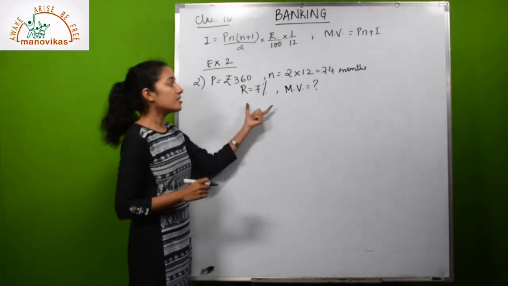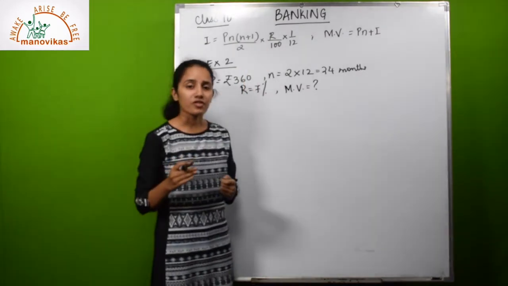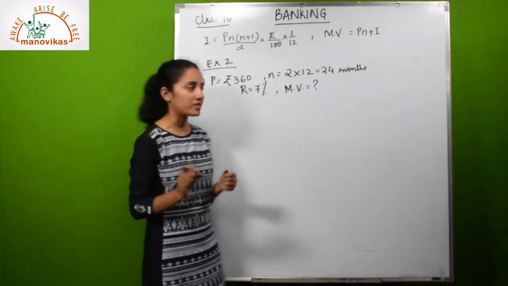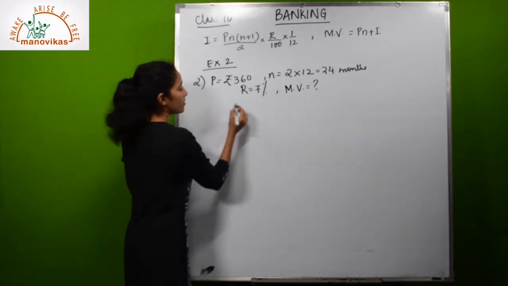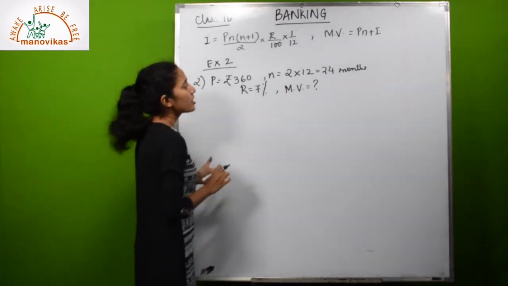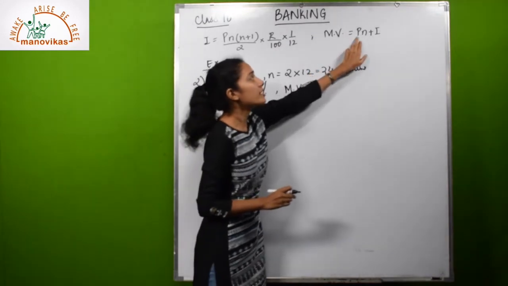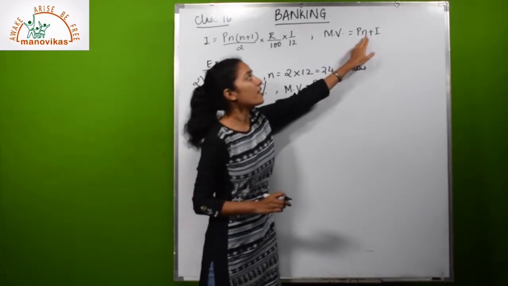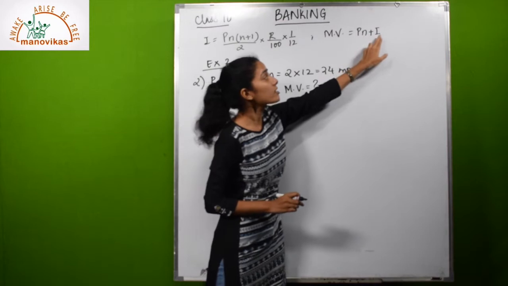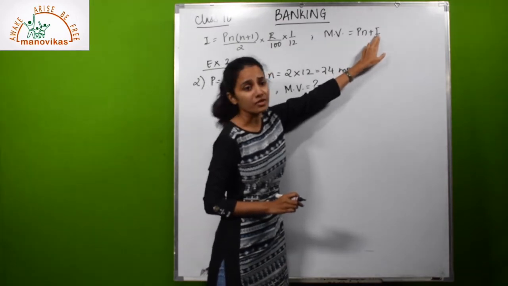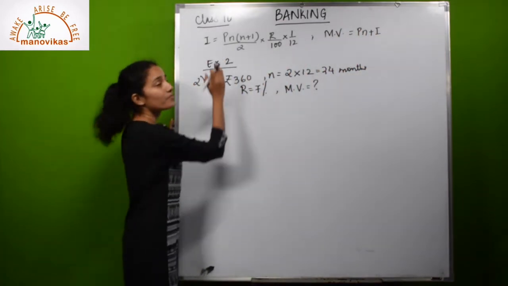Now note that in this topic you have to mention the units, that is rupees every time. So let us calculate the maturity value. Now for maturity value, you already have the principal, you have the number of months given. What is not known is the simple interest. So first we will calculate the simple interest.